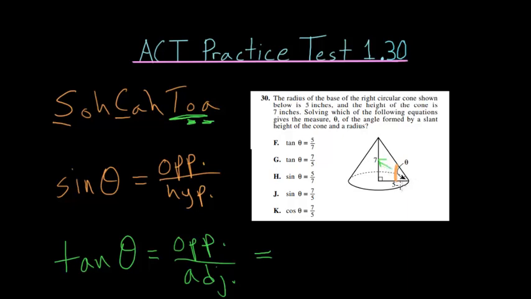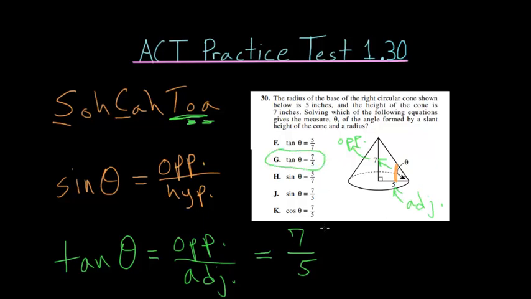And the adjacent is just the one right next to it. So this 5 is our adjacent, and like I said, this 7 is our opposite. So we just put those numbers in. The opposite was 7, and the adjacent was 5. So what we have is that the tangent of theta is equal to 7/5, which is choice letter G here.